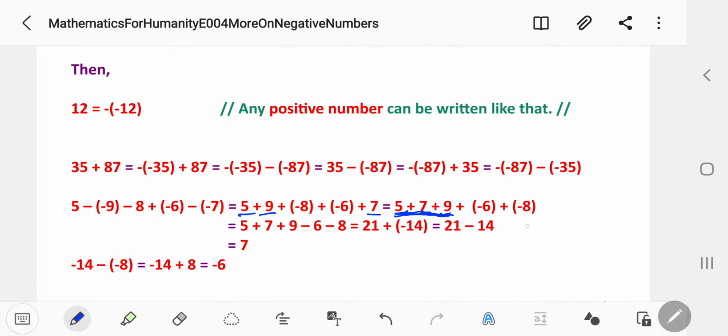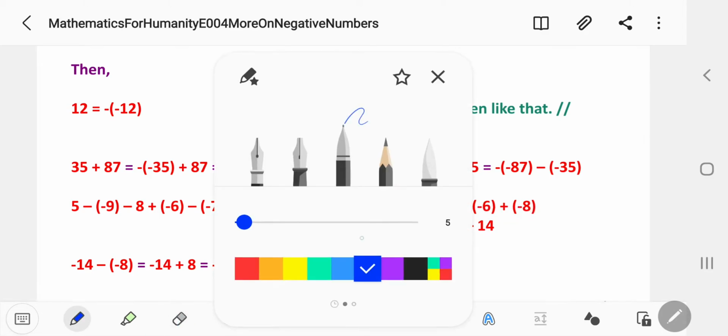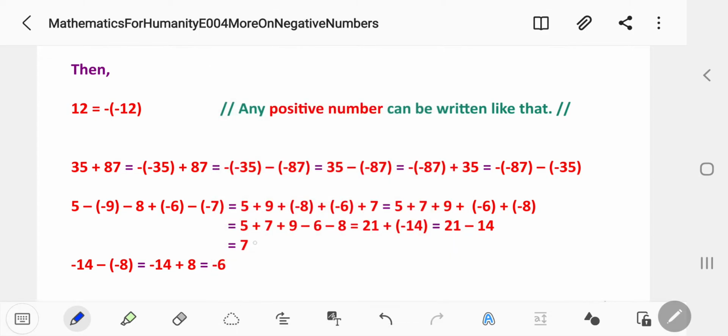Then you have 5, 7, 9, and then you can write this one as negative 6 and this one as minus 6 and minus 8.